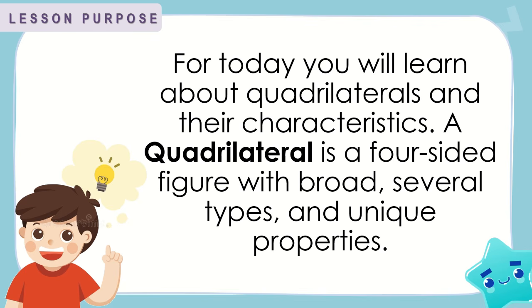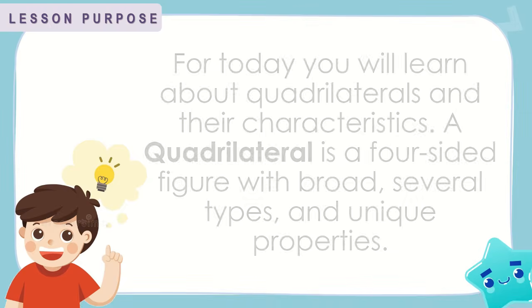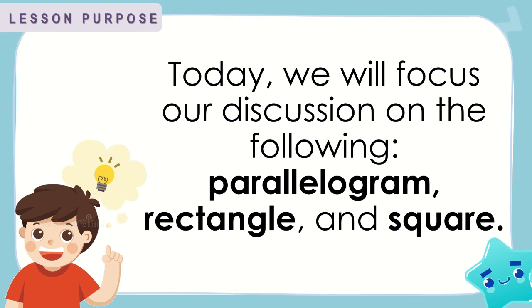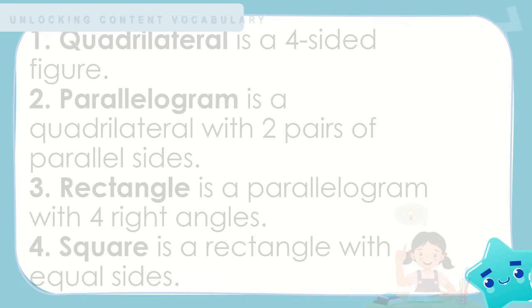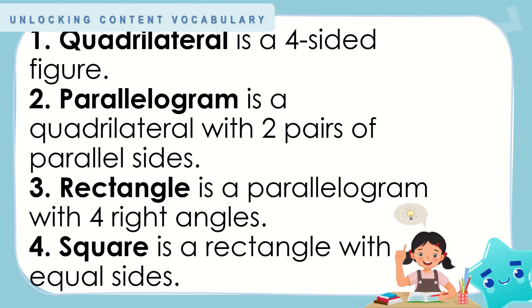For today, you will learn about quadrilaterals and their characteristics. A quadrilateral is a 4-sided figure with several types and unique properties. Today, we will focus our discussion on the following: parallelogram, rectangle, and square. For the unlocking content vocabulary, quadrilateral is a 4-sided figure.